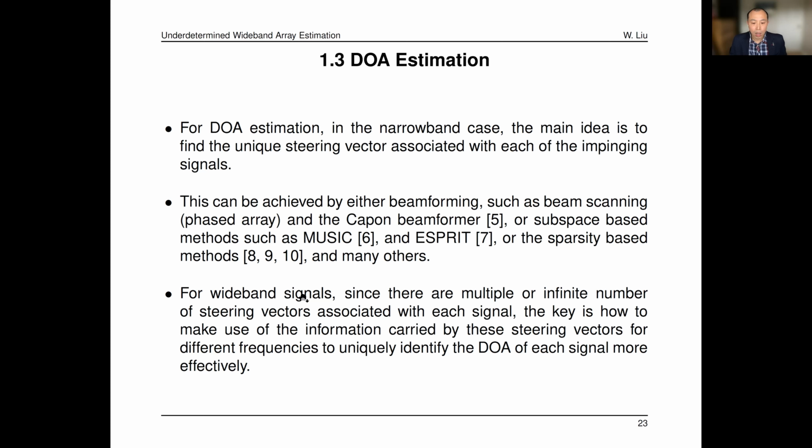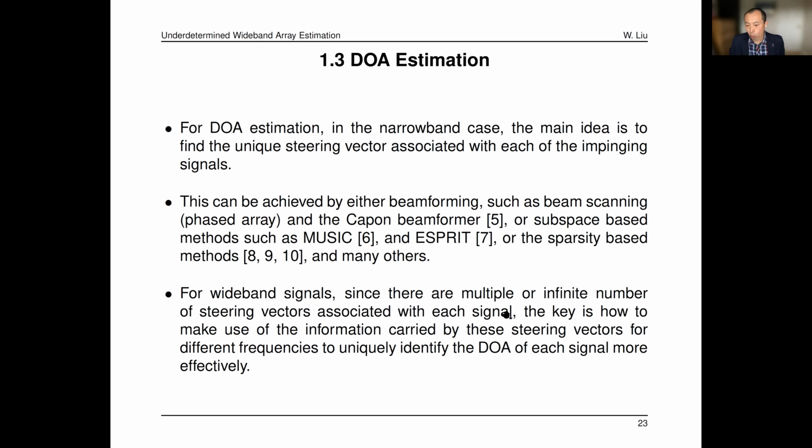And for wideband signals, you can just take one frequency, then that will be narrowband, right? So you can apply all the narrowband methods to solve the problem. However, there are multiple or infinite numbers of steering vectors associated with each signal. So you have multiple frequencies. You don't just ignore all other frequencies and take one frequency, right?